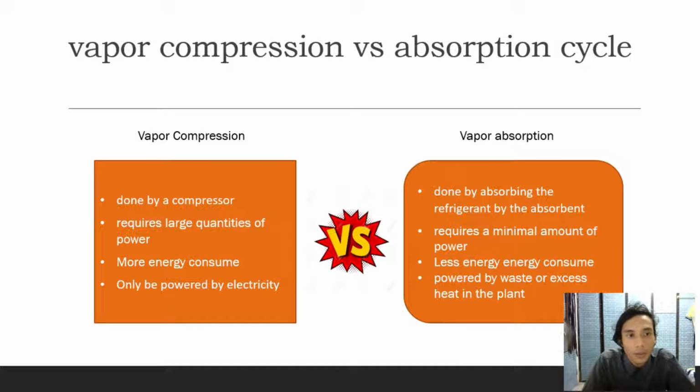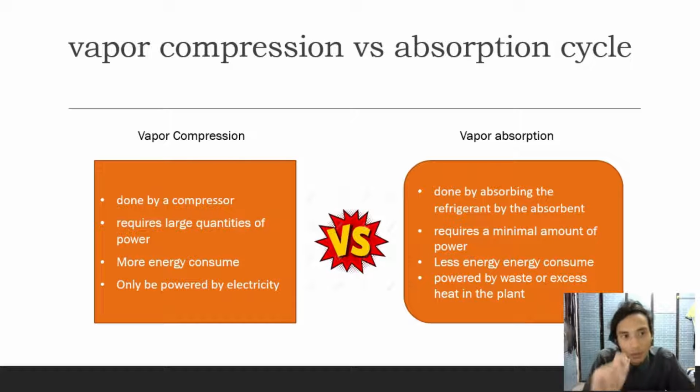For the vapor absorption refrigeration system, the refrigerant compression is done by absorbing the refrigerant. As the refrigerant is absorbed, it gets converted from the vapor state to the liquid form, which reduces its volume.